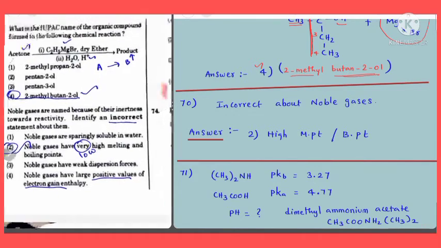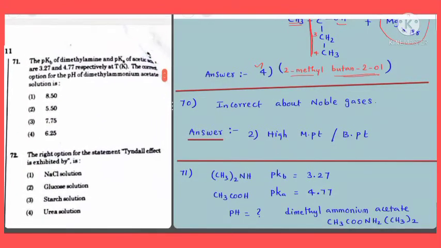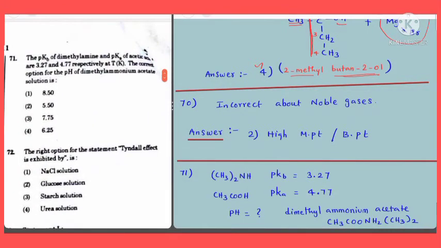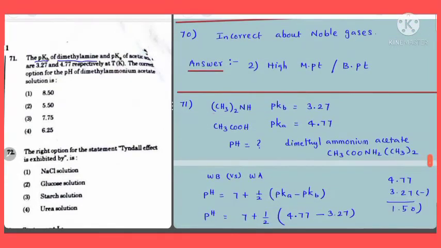Now we can go to question number 71. Here you are given 2 data. The pKb value of the base dimethylamine, (CH3)2NH, which is a weak base actually.